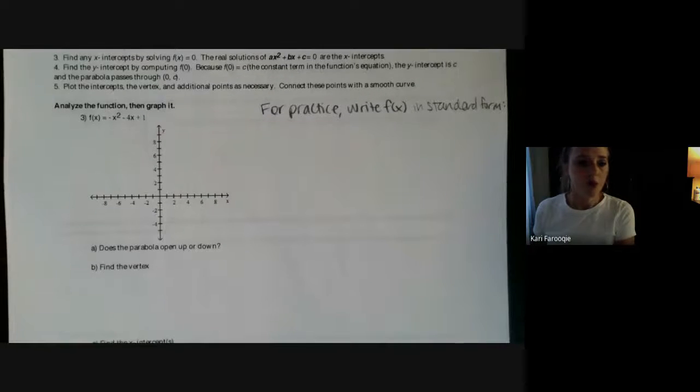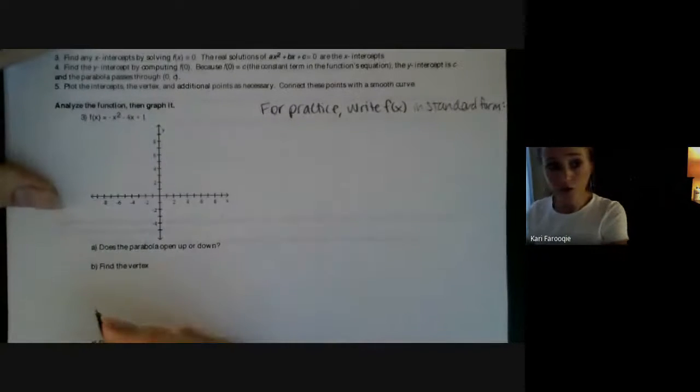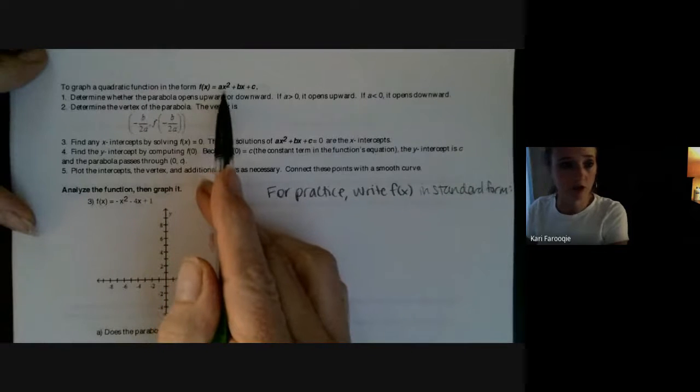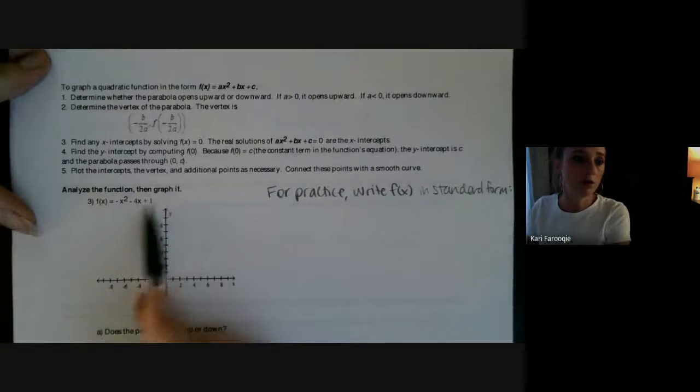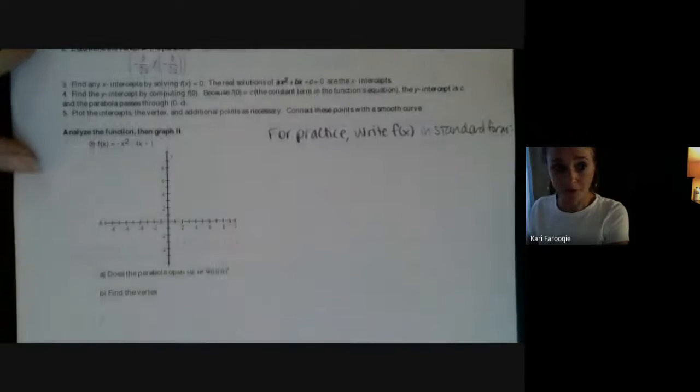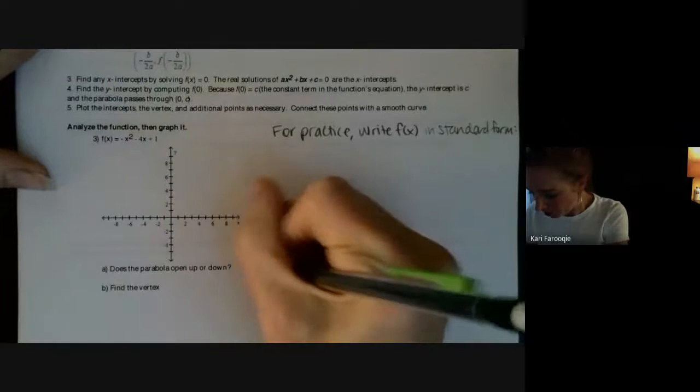Okay, does the parabola open up or down is what part A is asking. Now, all we have to do here is look at the sign in front of the lead term. So A is whatever the coefficient is on x squared. In this case, x squared has a coefficient of -1, so we can say that A equals -1.